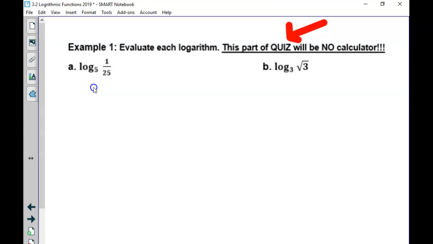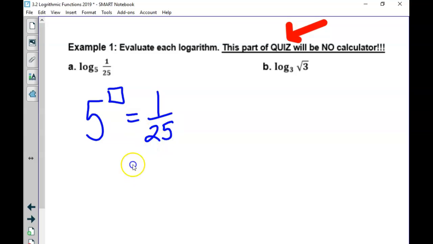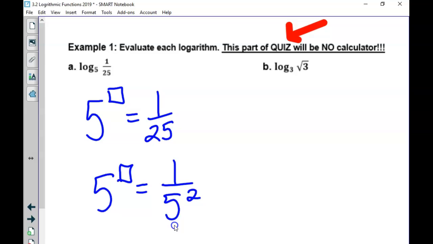Now, I would need to rewrite this probably. How would I rewrite this? It always is looking for the exponent, guys, when it's a log question. So 5 to what is 1/25? Anybody want to help me out there? What is this? 25 is 5 squared. But how can we get it up out of the basement?